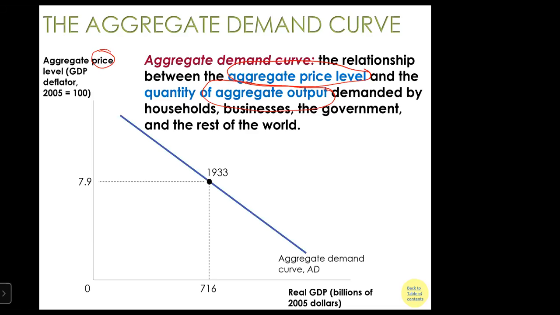The demand essentially is expenditure. On the other hand, the higher the price level, the lower the aggregate demand. Right? So this is very similar to the demand curve we studied in microeconomics. Okay, but how we reach this point is slightly different.